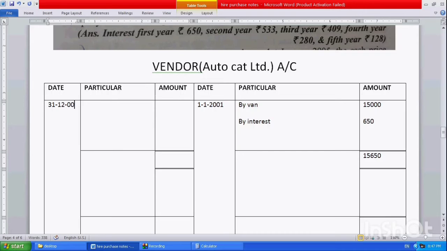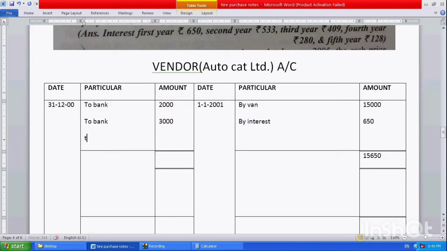December 31st 2001. To bank means we have to pay van amount and interest. Down payment, we have paid 2,000 as down payment, and first installment is 3,000. To bank means first installment.